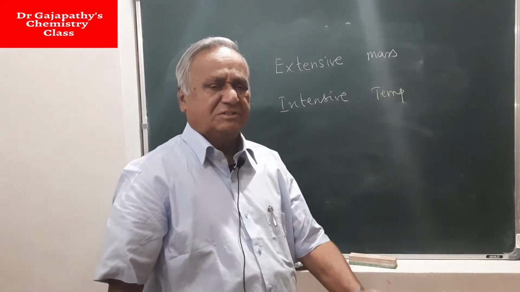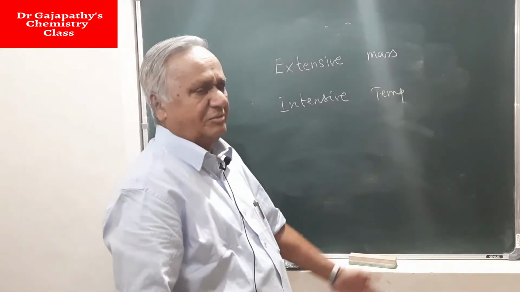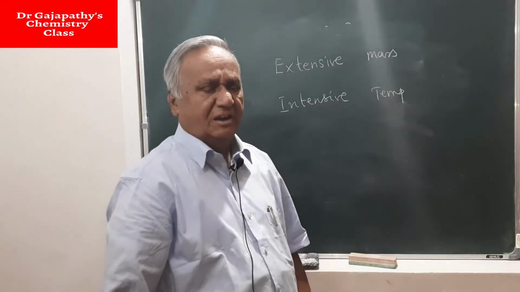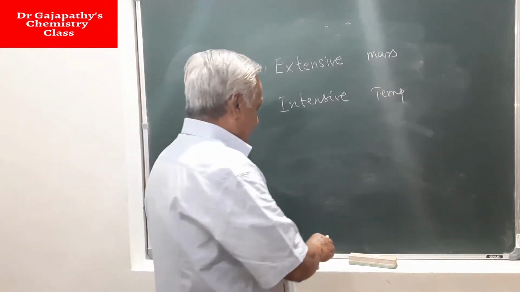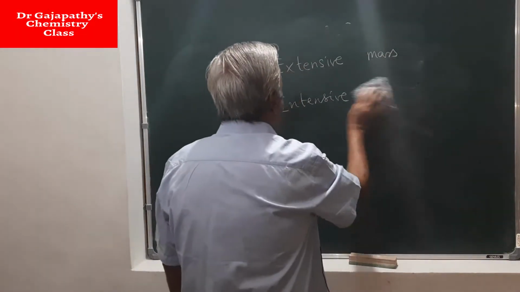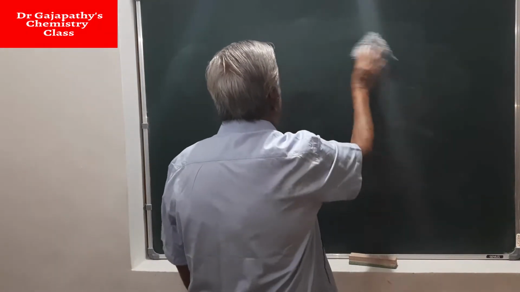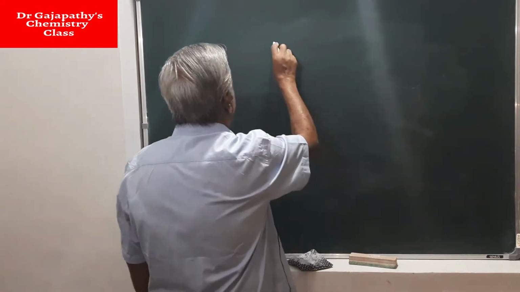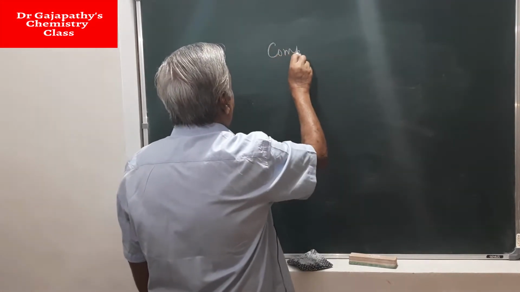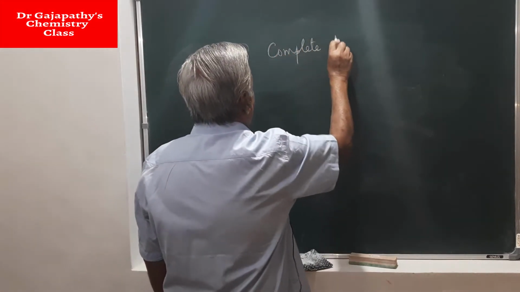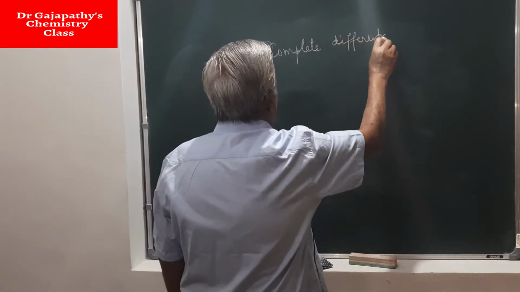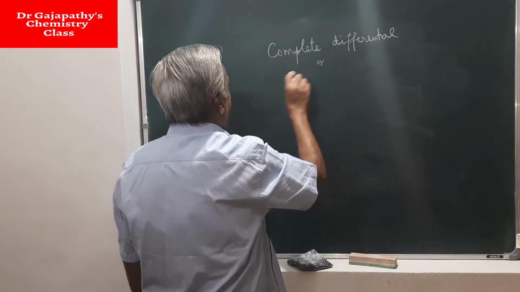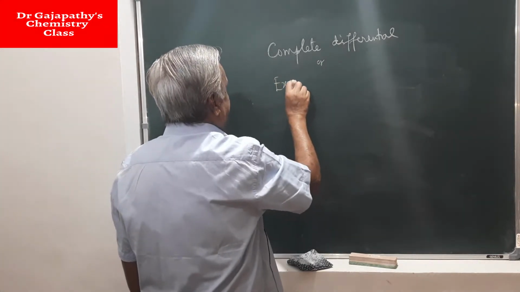So a number of such properties you can decide yourself, which is extensive and which is intensive. Then a note about what is meant by an exact differential or complete differential. Either you can call it complete differential or you can call it an exact differential.